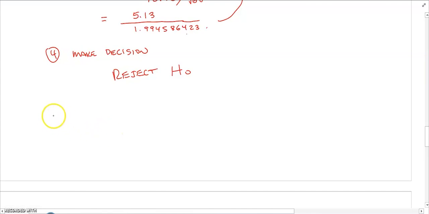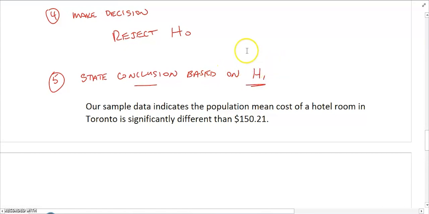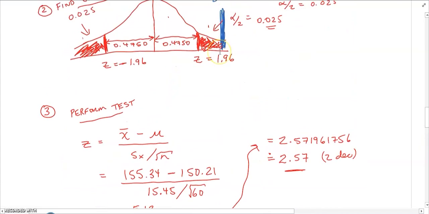What is it that we found in our research? So, state the conclusion, or final statement. Based on this information, our sample data indicates the population mean cost of a hotel room in Toronto is significantly different than $150.21. Once again, this is based on our H1, our alternative hypothesis.